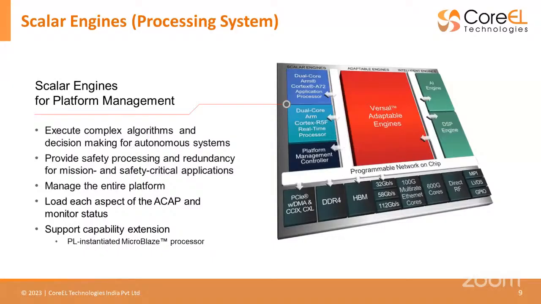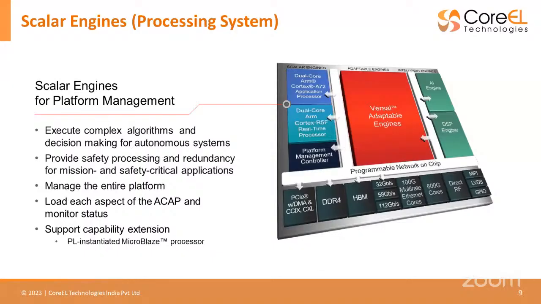And they help manage the complete platform, which is the Versal ACAP device itself. So the load distribution, the processing distribution, all of that is happening through your scalar engines, and you have the capability to monitor the status of your individual processes as well within your platform management controller.